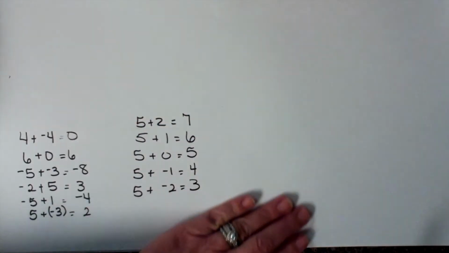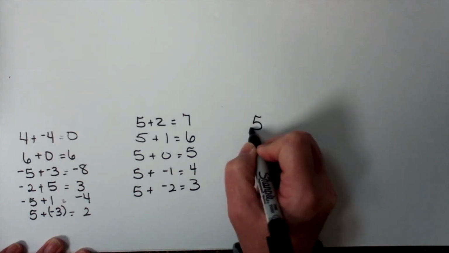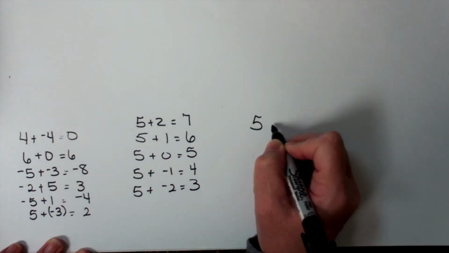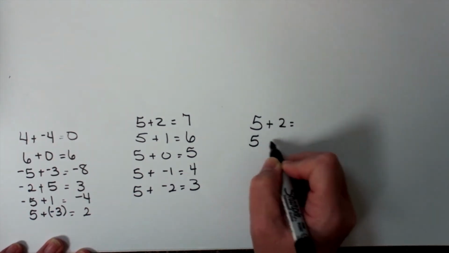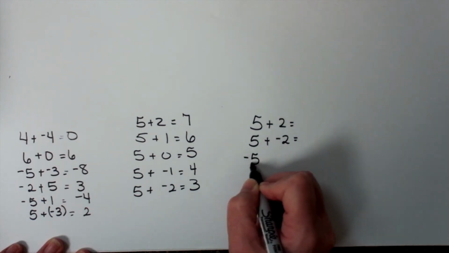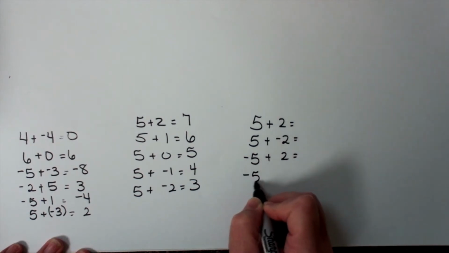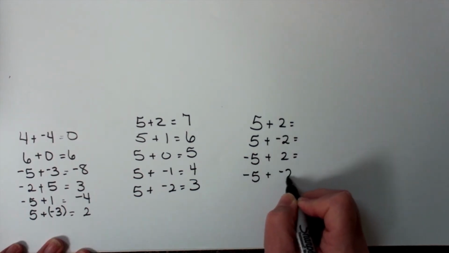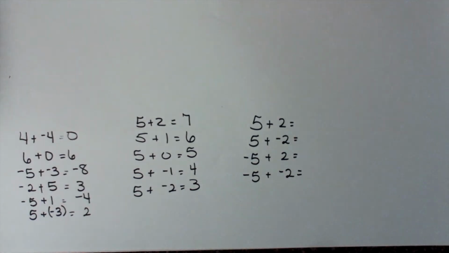Well, let's talk about it this way too. So let's look at, we're going to again use 5. So if I'm doing 5 plus 2, 5 plus negative 2, negative 5 plus 2, negative 5 plus negative 2. So we've looked at all the options that are there.